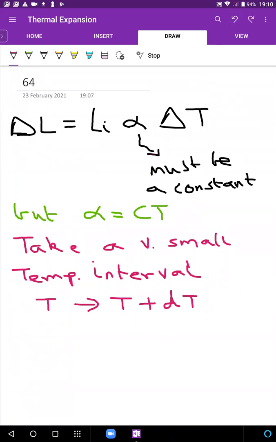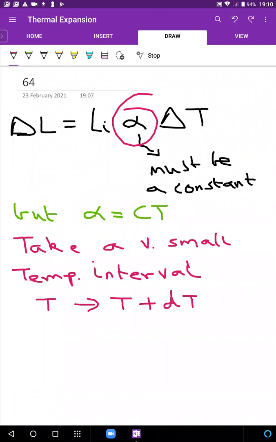This is going to be the fundamental idea behind integration in any chapter. You will have an equation you know, but those equations that you know will involve constants. And in some question, they'll make that term no longer a constant. They'll make that term a function of some other term. Then you're going to take a very small interval where that term appears to be a constant.